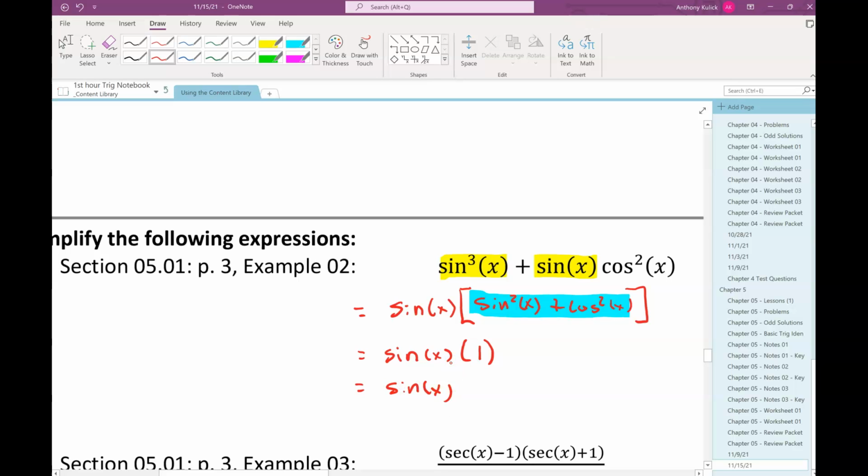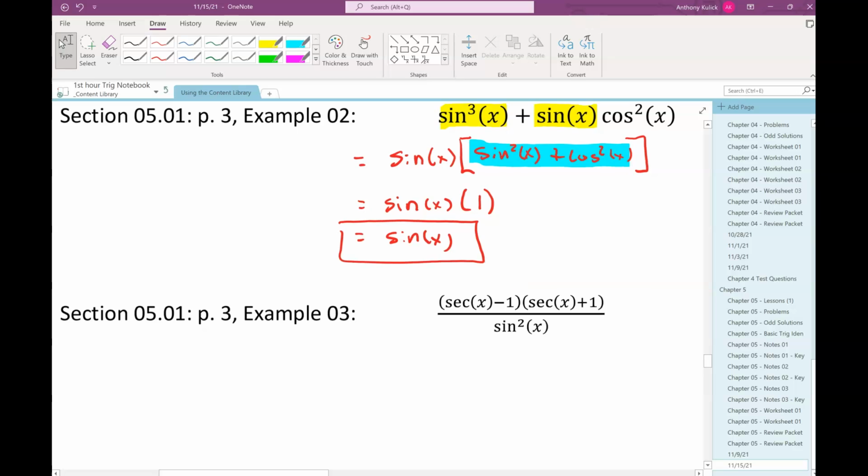And obviously 1 times sine x is just sine x. And can we do anything more than that? That's as simple as we're going to be able to make that one. So we're done. Is everybody okay there?